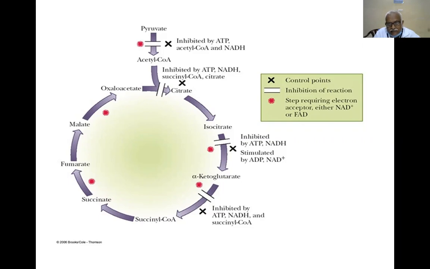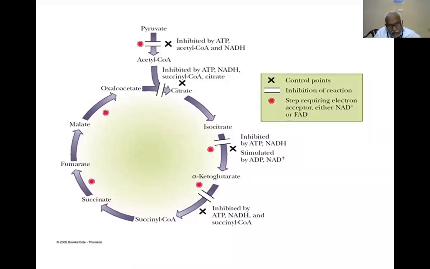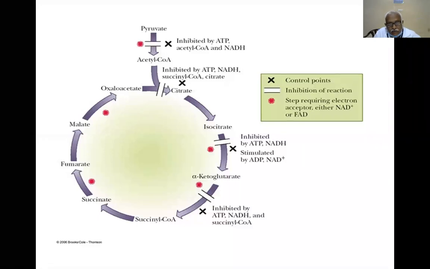Steps requiring an electron acceptor, either NAD plus or FAD, are the most important. So you have to remember that. Where do we require an electron acceptor, either NAD or FAD?